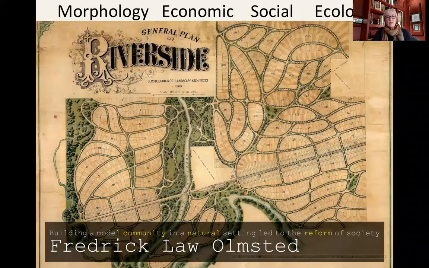A couple other things from a morphological standpoint. This is Riverside. It was a community designed by Frederick Law Olmsted, and it was another of these social reforms that looked at an aesthetic construct that would provide a more natural environment, focusing on human well-being.